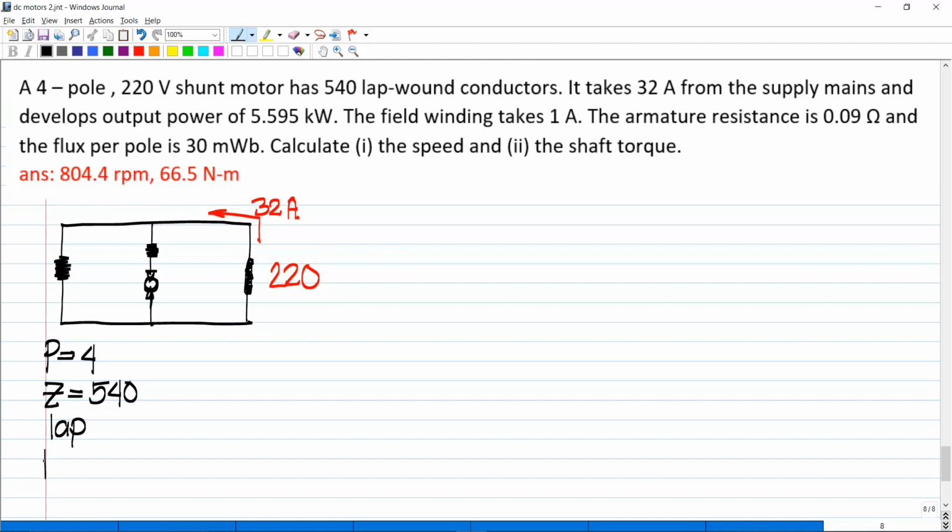So we have here PO, output power, which is 5,595 watts. And then the field winding takes 1 ampere. So here, of course, the current goes into the field, and we have 1 ampere. The armature resistance is 0.09.